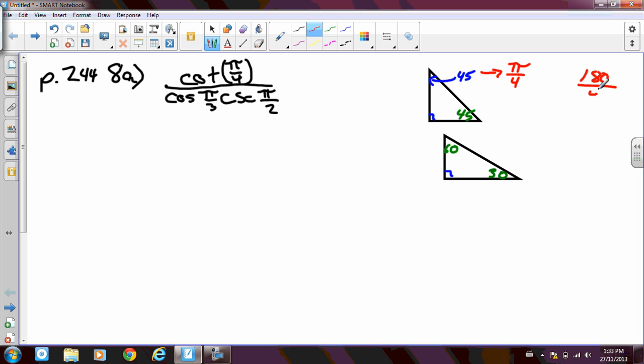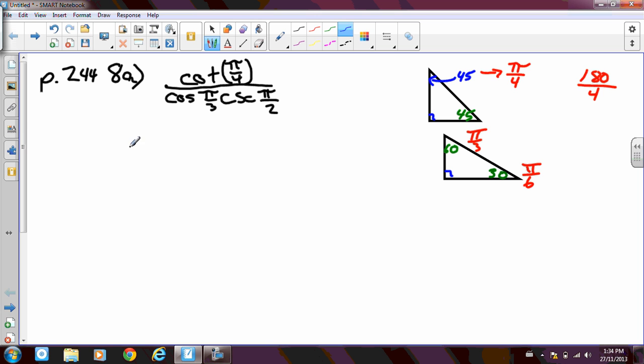So if you divide 180 by 4, you get 45, the equivalent of pi over 4. Same idea here: 180 divided by 6 tells us that pi over 3 and pi over 6 are the same as the other two angles here. Those are the values we need to know to be able to do the substitutions so that we can then solve this.